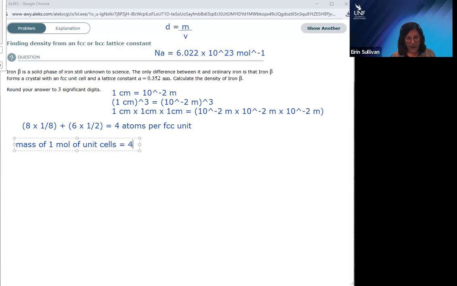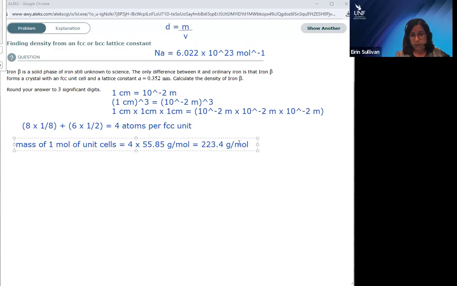So we've got 4 atoms per unit cell times 55.85 grams per mole. Your ALEKS periodic table might go to a few more sig figs than the one I'm looking at. That comes out to 223.4 grams per mole, so that is 1 mole of unit cells.